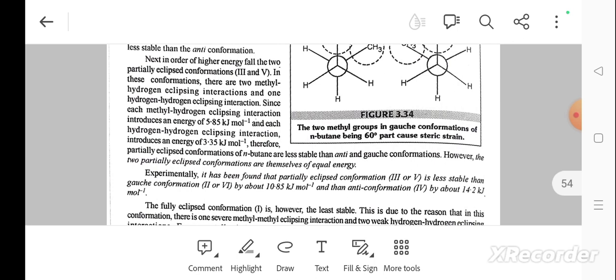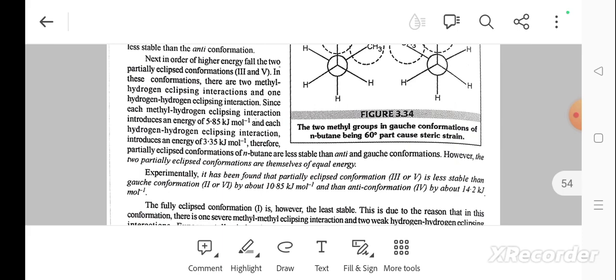Next, in order of higher energy, fall the two partially eclipsed conformations, third and fifth. In these conformations, there are two methyl-hydrogen eclipsing interactions and one hydrogen-hydrogen eclipsing interaction.